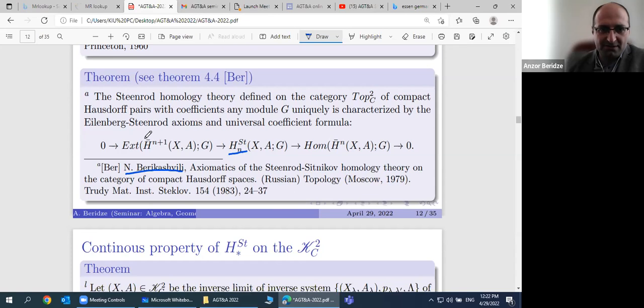In Berikashvili's paper, he's a Czech's cohomology, but this is isomorphic, does not matter. Then such kind of homology theory is unique. And this was first uniqueness theorem on the category of compact topological space without metric.